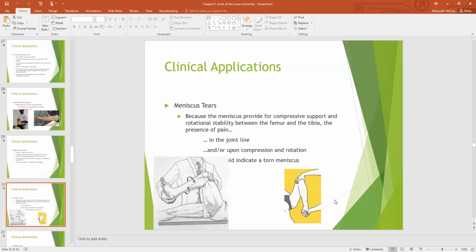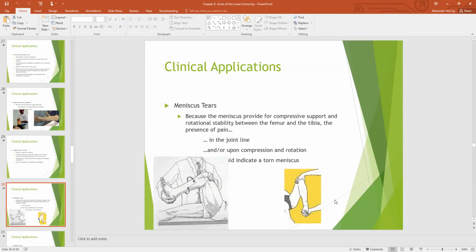I'm not gonna lie, I do not like the meniscus tear test. As a professional and as somebody who has had knee surgery and knee problems, this one's not super reliable, but I always like to cover it just because it's taught in clinicals and stuff like that. We try to compress the joint and then start to move the lower limb and see if we get any sort of popping, clicking, pain.